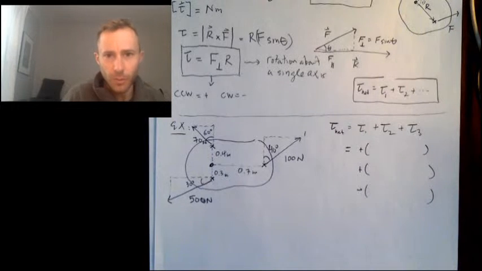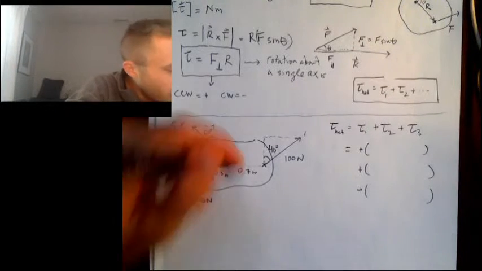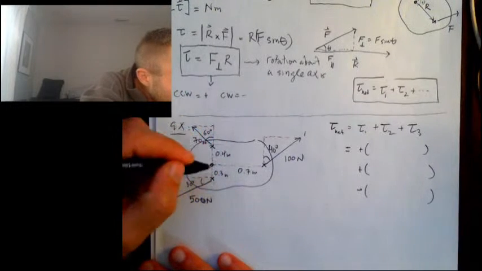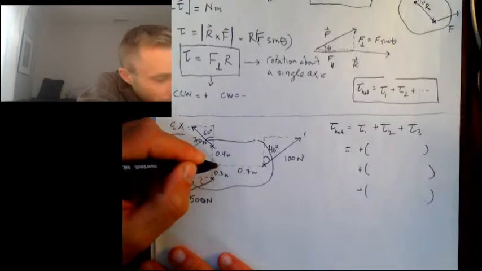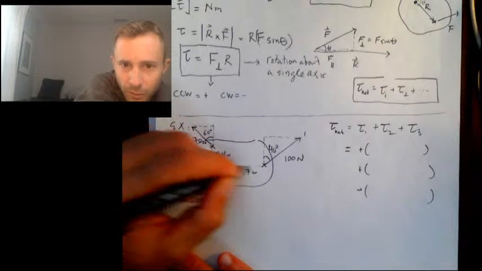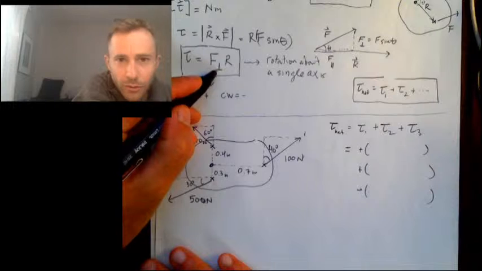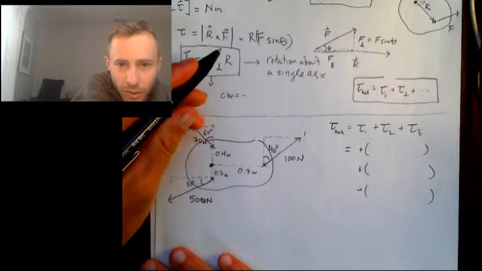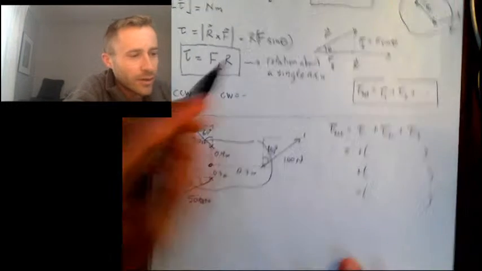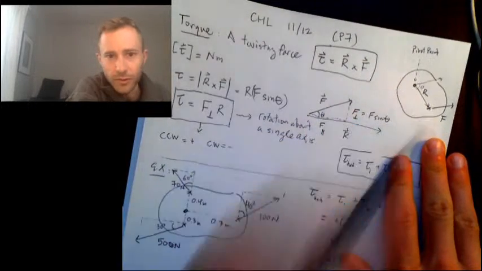All right. So now we've got to figure out what is the perpendicular component of each one. If I look right here, for this first force, here's the line connecting the pivot to where the force is applied. F perp refers to the component of the force perpendicular to this line that connects the pivot to where the force is applied.